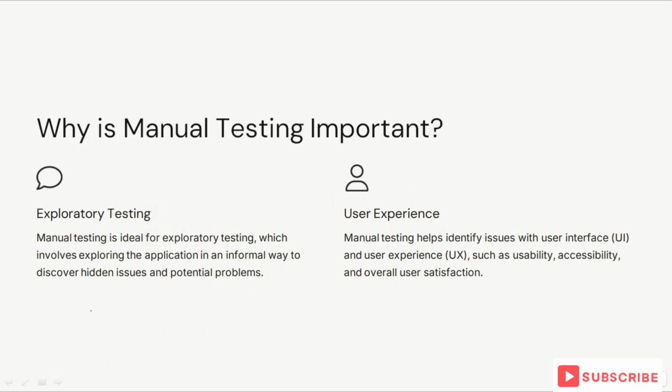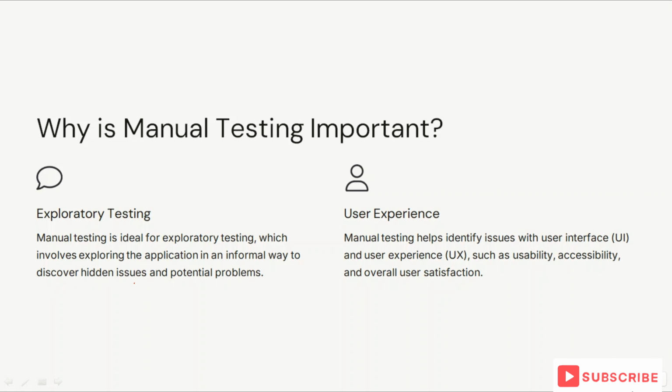If you have any new feature and new functionalities, they can be well tested with the manual testing approach, because you explore your functionality, you get to learn about the application, and in doing so you ensure that your product is bug free. So that is why manual testing is important.